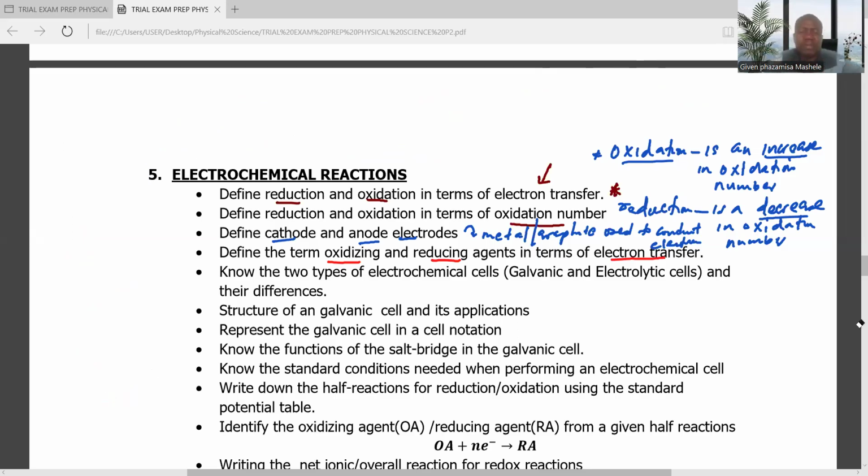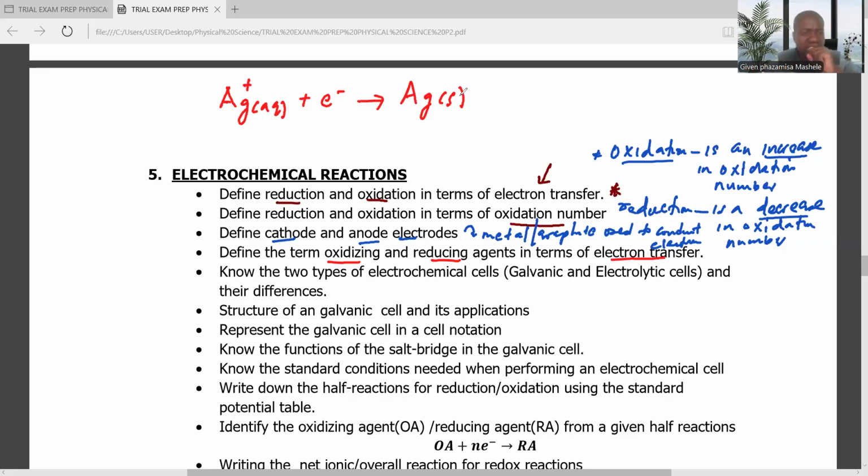Particularly in your syllabus, let me just say we write this. Just as an example, silver as an ion plus an electron gives us silver as a solid.